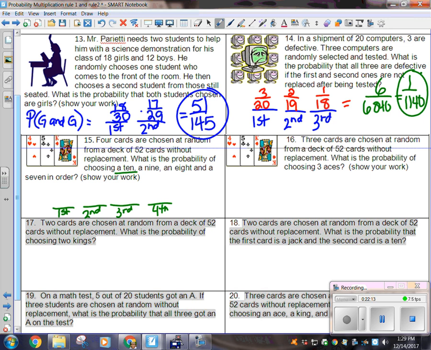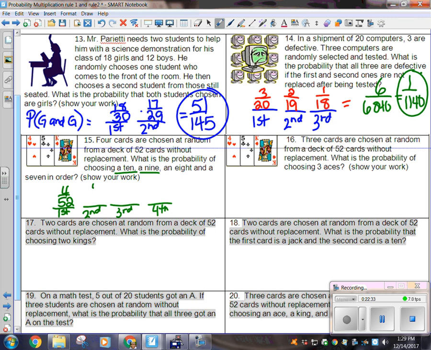First time I want to choose a 10. How many 10s are in the deck? There's 4 10s out of 52. Now, given that I successfully got the 10, and I'm keeping it, I'm holding that card, how many 9s are remaining in the deck, and how many cards remain in the deck?